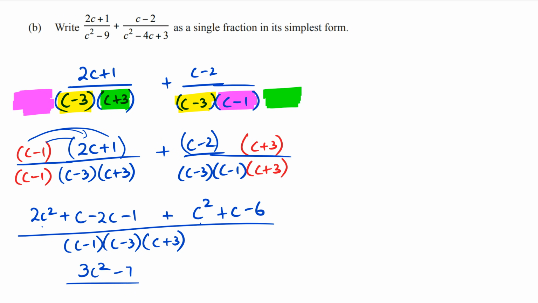And the whole thing is now divided by c minus 1, c minus 3, c plus 3. So I've written it as a single fraction, and it's in its simplest form. So for an achieved cross arrangement to a single fraction, we're probably looking at something here. Final simplification is a merit.